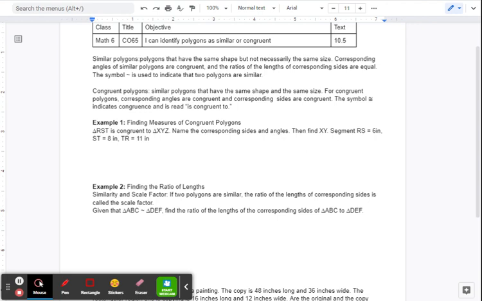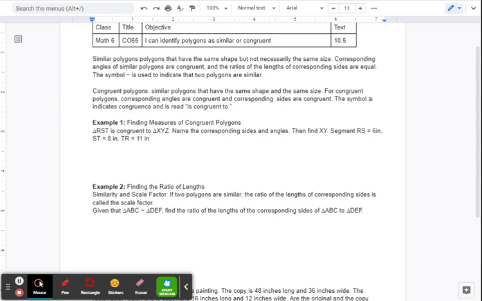Let's say this is 6 inches. This is 8 inches, and this is 11 inches. Now I have triangle XYZ. They are congruent.